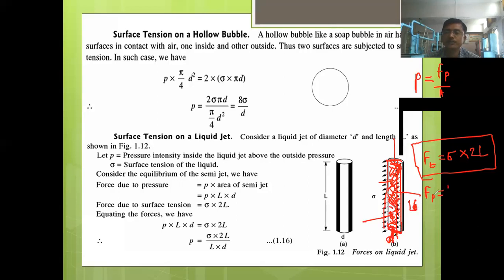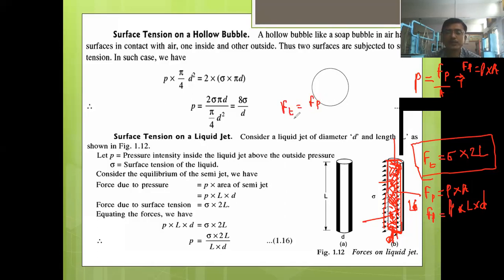Okay, so here this pressure force Fp will be equal to pressure intensity multiplied by area. What is the area? It is L into d. Now equate these two forces because they are under equilibrium condition. These two forces are the same, so Ft is equal to Fp.